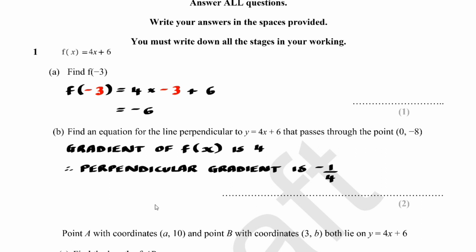And if we use y equals mx plus c, with the c equaling negative 8, we can therefore conclude that the equation of the line perpendicular to y equals 4x plus 6 passing through the point (0, -8) is given by y equals negative 1/4 x subtract 8.